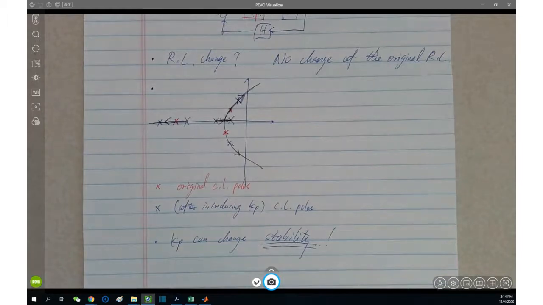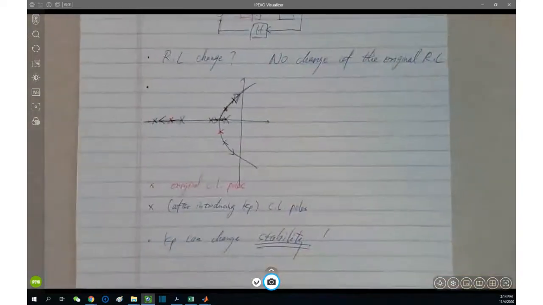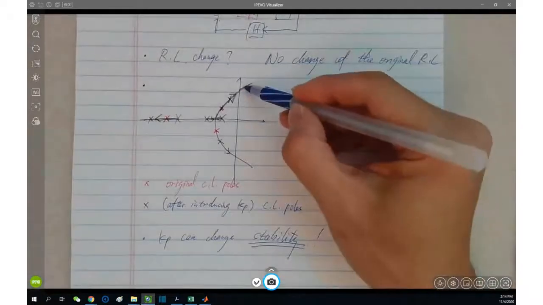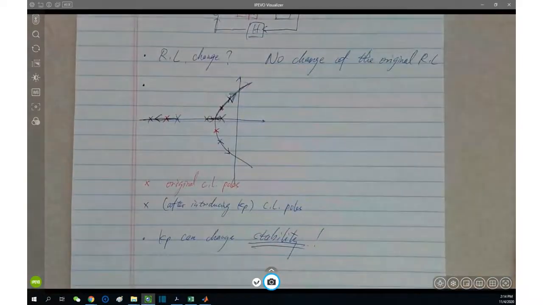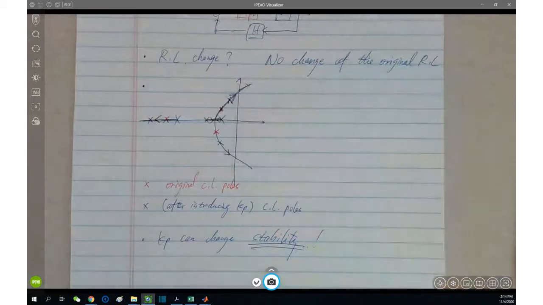Very good point. Because if you give KP too high, you might achieve better specifications in the transient. That's possible. However, you're at risk of losing stability, because it might go beyond the y-axis and become unstable.